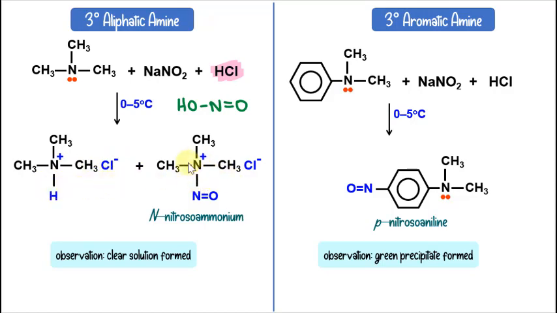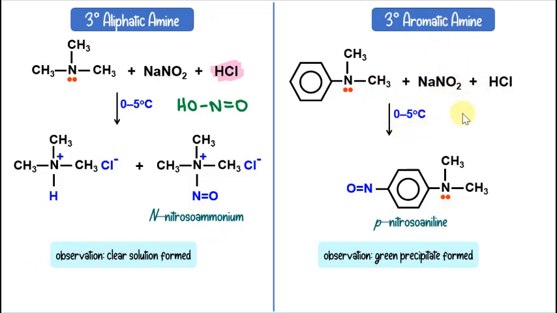Alright, and also another compound that will be formed is where the N plus attaches to N double bond O. So N-nitroso ammonium. It is not an N-nitrosoamine but an N-nitroso ammonium, because the nitrogen has a positive charge. So the observation that we will obtain from this reaction is a clear solution forms.